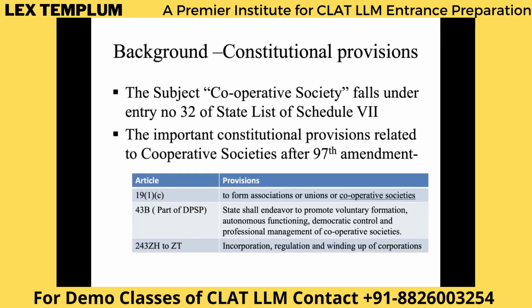So the subject, that is cooperative societies, falls under entry 32 of the state list under the 7th Schedule, right? We know there are three lists provided under the 7th Schedule: union list, state list, and the concurrent list. The lists are the fields of legislation, and they determine the competence of legislative power of the union and the state.